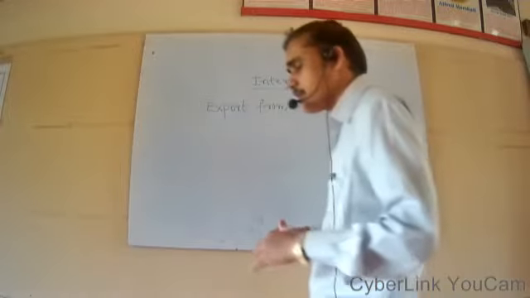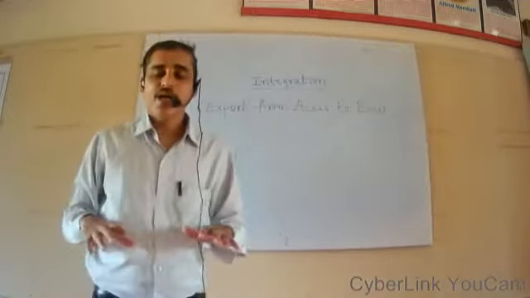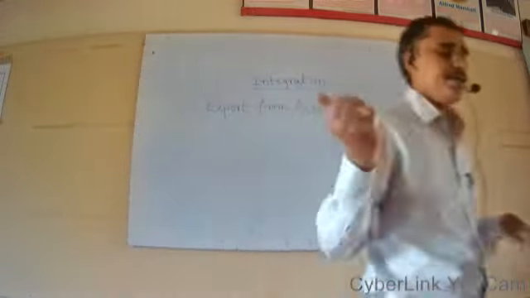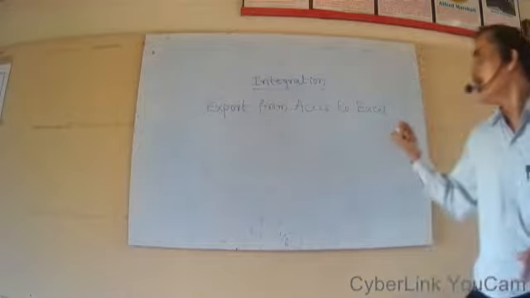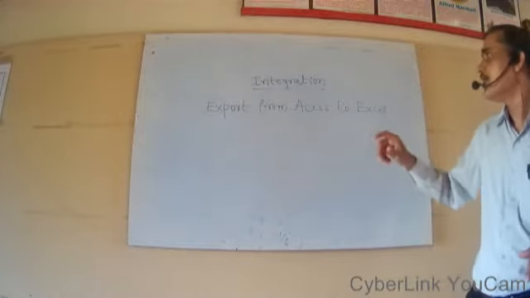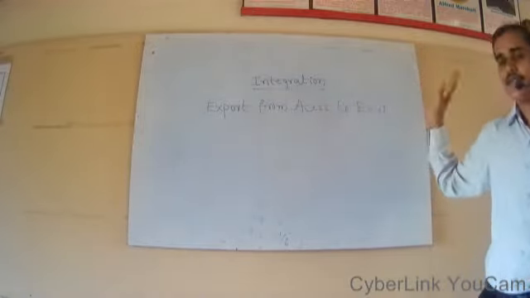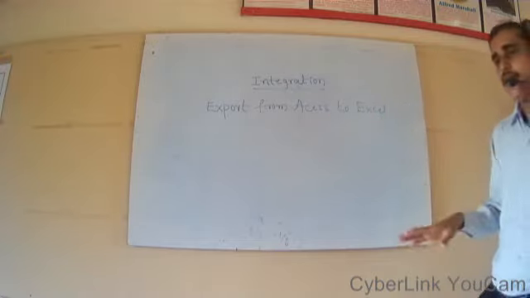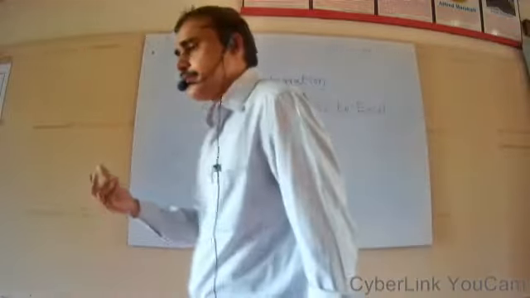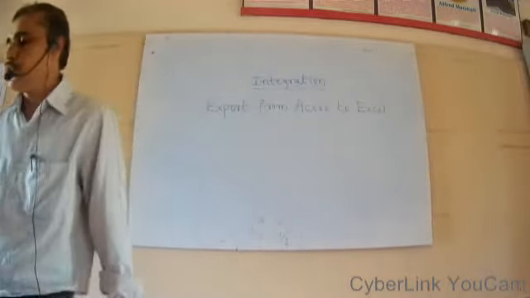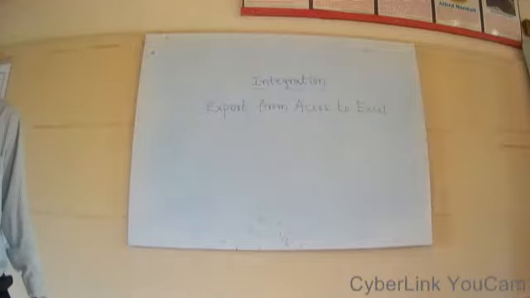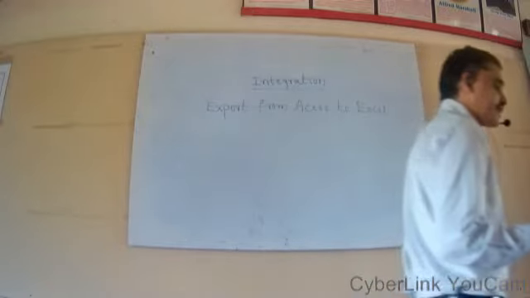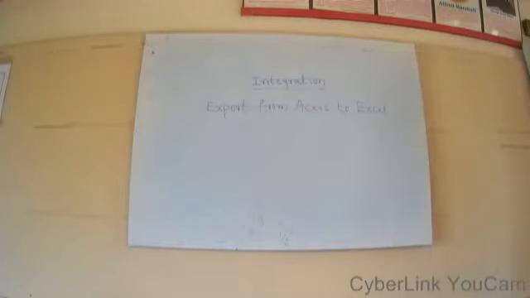In the previous class we studied how to import data from Excel to Access, and in today's class we studied how to export or send data from MS Access to MS Excel. In the next class, which is the last class of the integration module, we are going to study how to use the information of MS Access in Excel by means of importing.